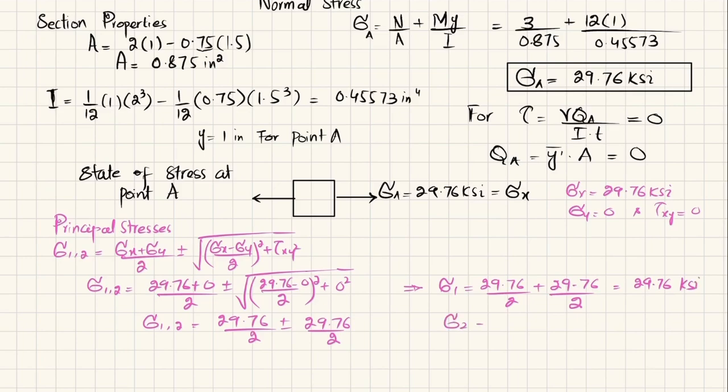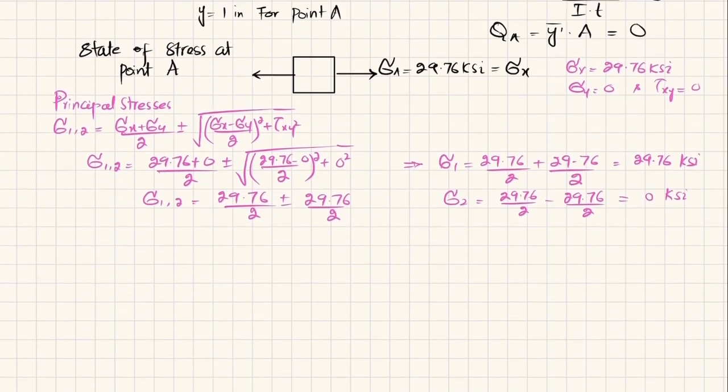And sigma 2 will be equal to 29.76 divided by 2 minus 29.76 divided by 2, which is equal to 0 KSI. So sigma 1 is 29.8, I will round it off, and sigma 2 is equal to 0 KSI.